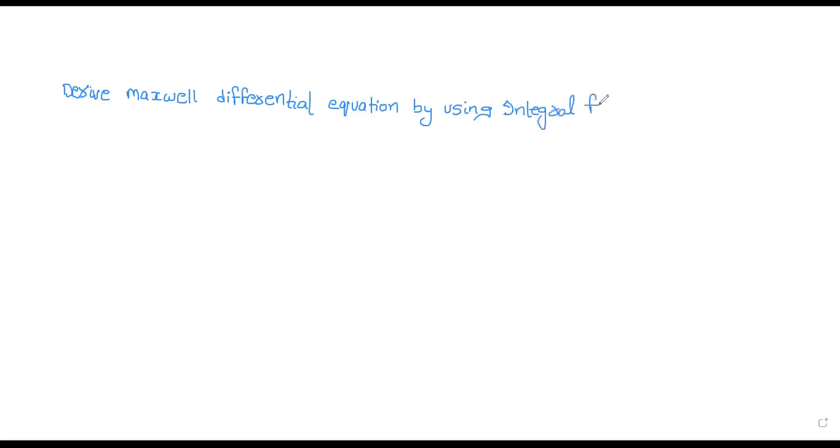So we'll take the integral form of Maxwell's equation, and from it we'll derive the differential form, right?